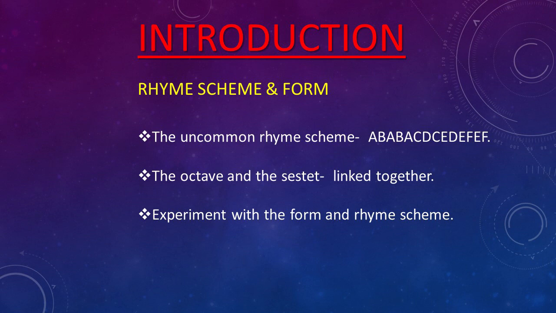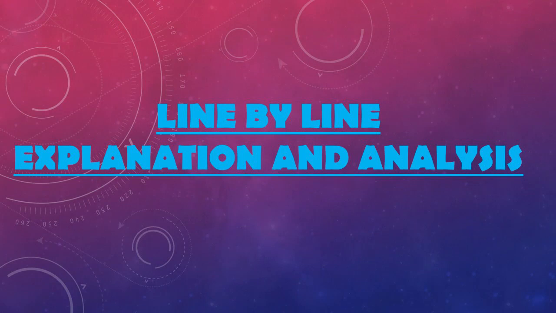Clearly, the poet has experimented with the form and rhyme scheme of the sonnet. So now we are going to do a line by line explanation and analysis of the poem Ozymandias.